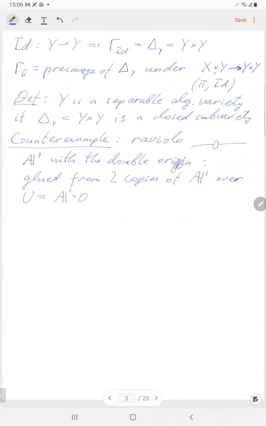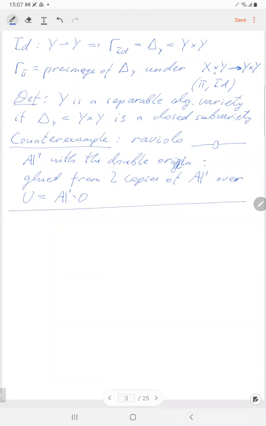Okay, so there are 2 copies, like the upper copy and the lower copy. They are both just A1s, but there are 2 origins, the upper origin and the lower origin in the result of this gluing. Okay, so it's a legal, legitimate algebraic variety, but not separable. Its diagonal is not a closed subvariety inside.